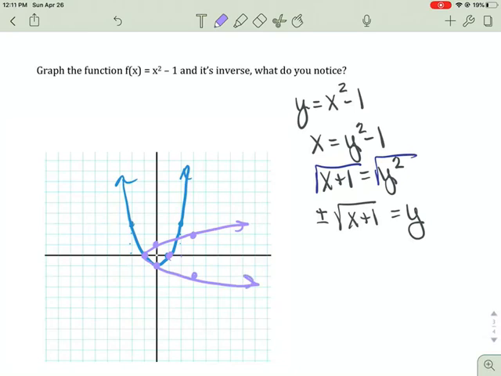Okay, so you can see that the purple one, which is our plus or minus, is not a function. But you also can notice that these graphs are symmetrical about the line y equals x. That is the line of symmetry.